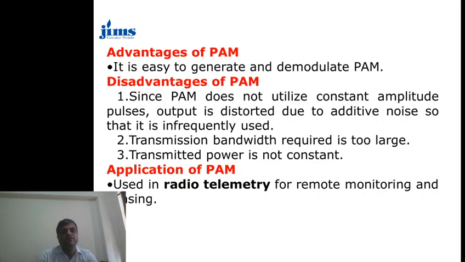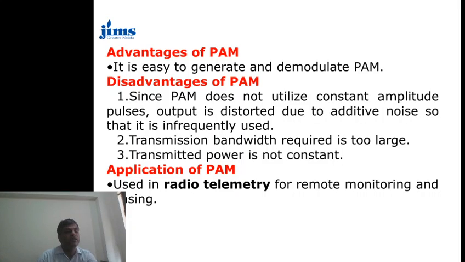Then what are the advantages? The first advantage of pulse amplitude modulation is that it is easy to generate and we can easily demodulate the pulse amplitude modulated output. And the disadvantage: PAM does not utilize constant amplitude pulses. Output is distorted due to additive noise, so it is infrequently used.